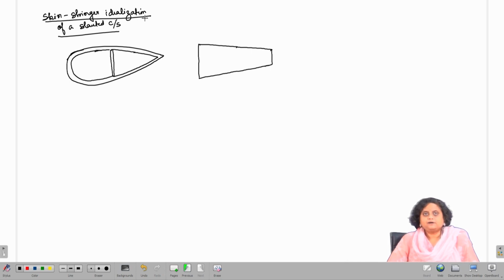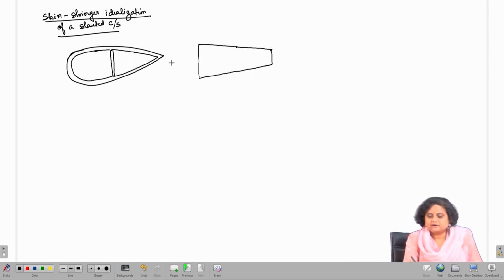Many of the aircraft components have this aerofoil shape. Now, it is very difficult to approximate an aerofoil by a straight rectangular cross section. So, for that purpose, we can get a fair approximation of the aerofoil shape by a slanted trapezoidal kind of approximation.